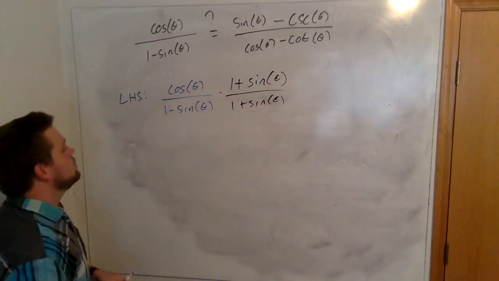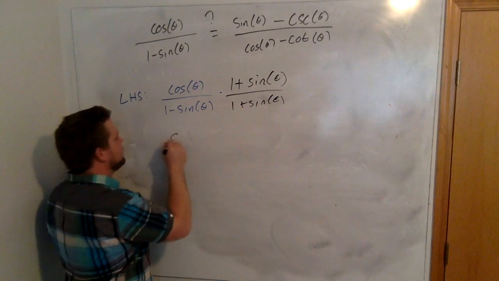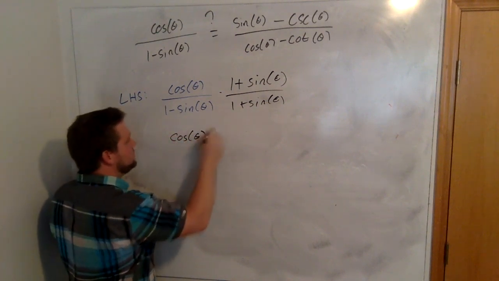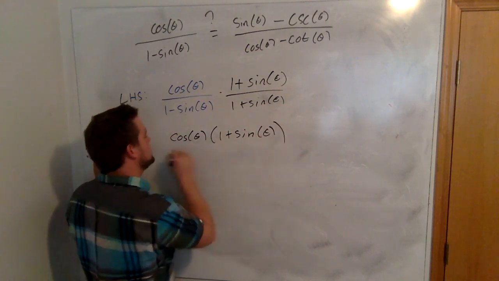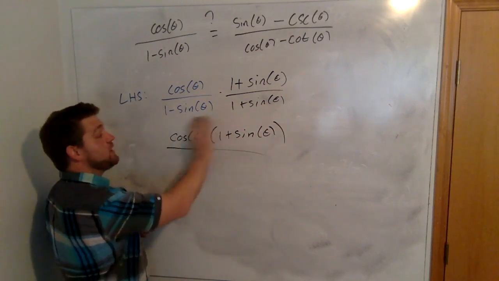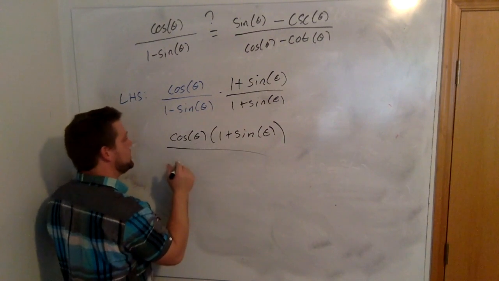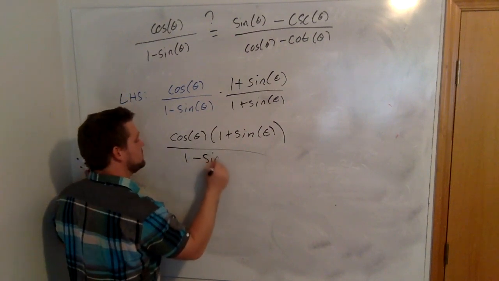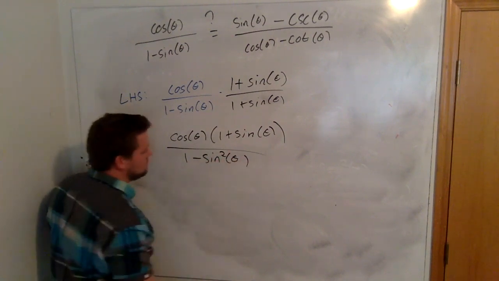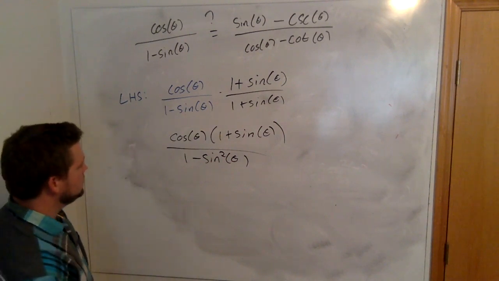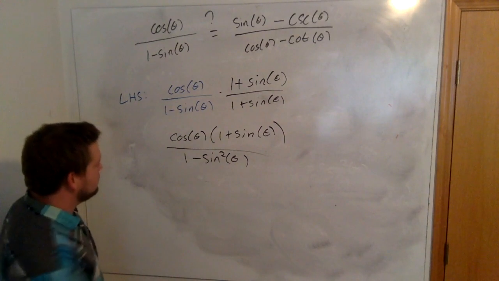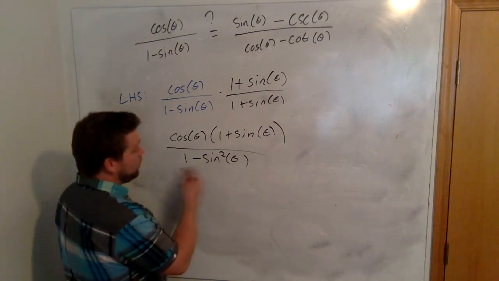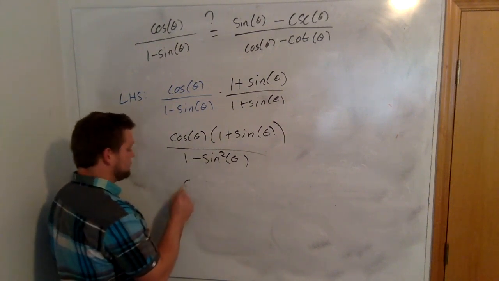Okay. Well, when we multiply these together, we're going to get a cosine of theta times a 1 plus a sine of theta. And if we were to expand or FOIL out the denominator, we would get 1 minus sine squared of theta. Okay, what can we do from here? Well, 1 minus sine squared is the same thing as cosine squared.